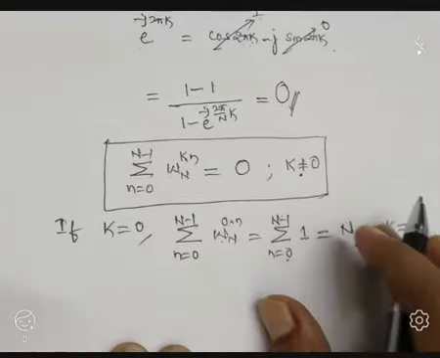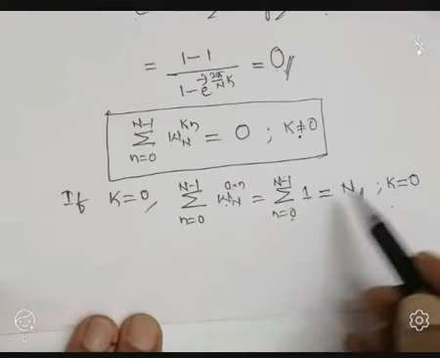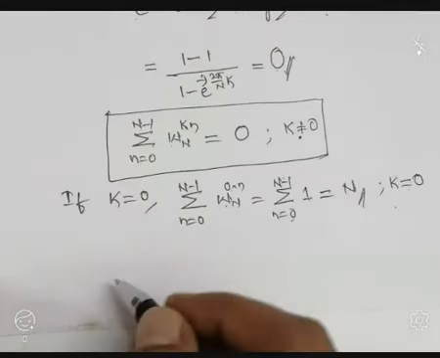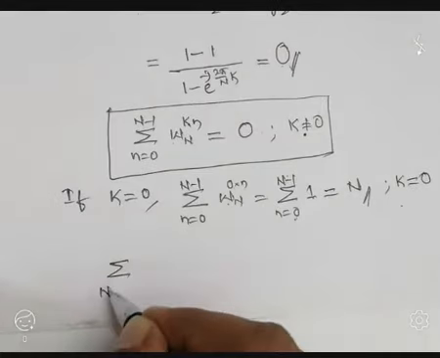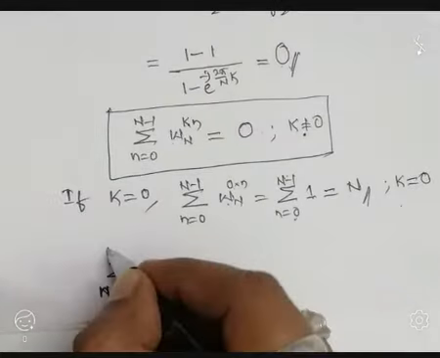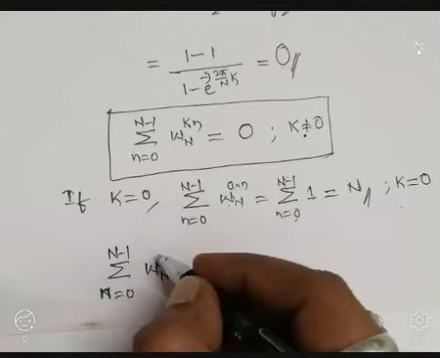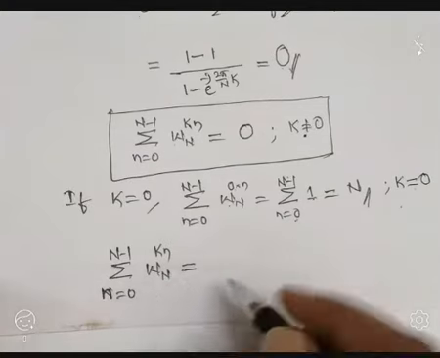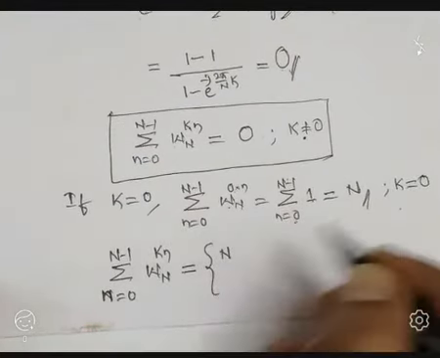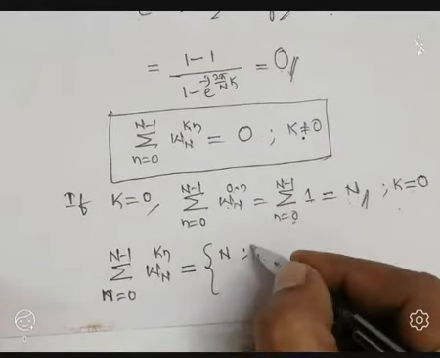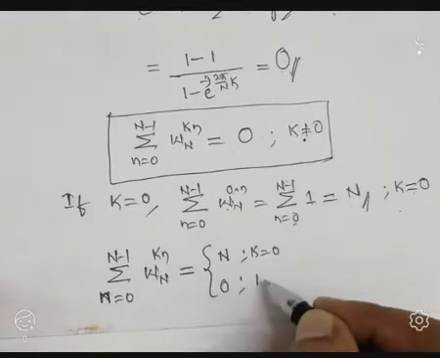So summarize the answer. Two cases we got. K is not equal to 0, we got the answer 0. K equal to 0, we got the answer N. Hence we can write summation small n equal to 0 to N minus 1 of W_N to the power kn is equal to N if k is equal to 0, and 0 if k is not equal to 0.